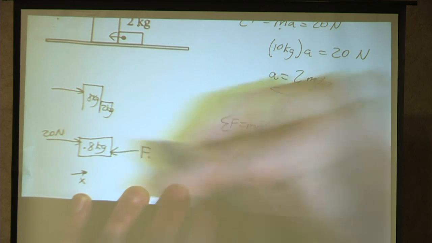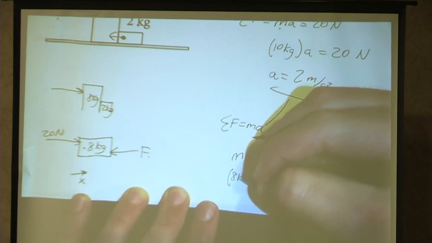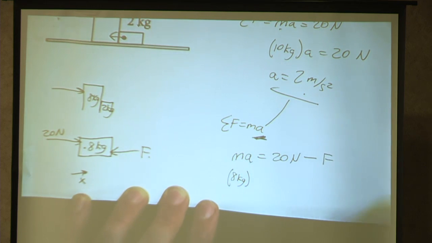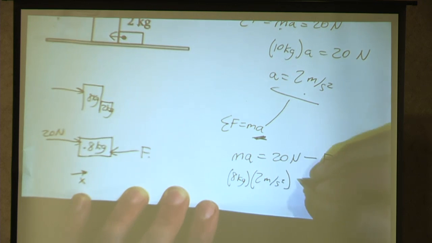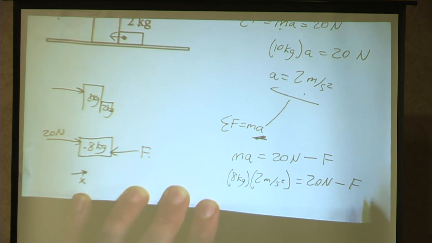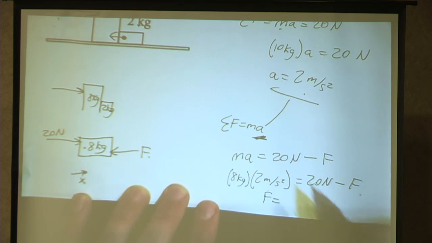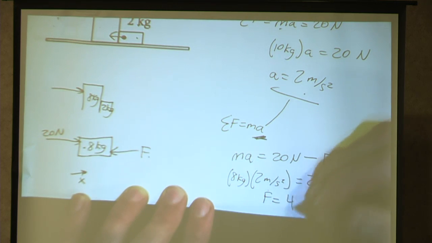So the mass for this is only the 8 kilograms. That acceleration is the same as before, 2 meters per second squared. And that equals 20 newtons minus F. And then when you solve, you have the force of that 2 kilogram block on the 8 kilogram block. That will be 4 newtons.